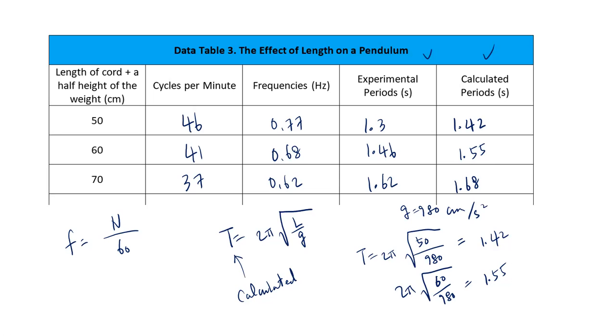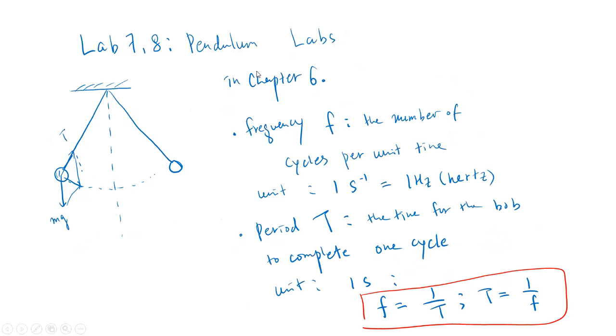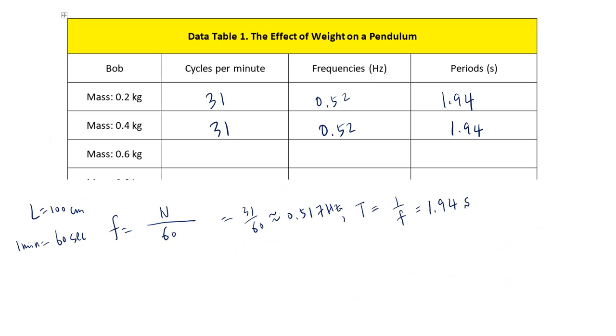How to draw the graph? Oh, the lab manual is written there. You have to see this kind of graph, the L and T squared graph. Let me open Excel.